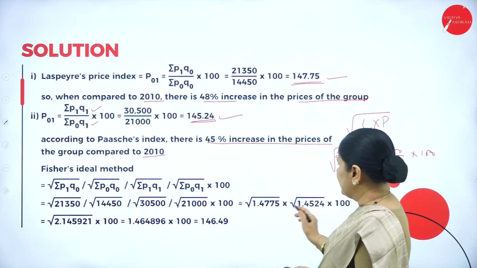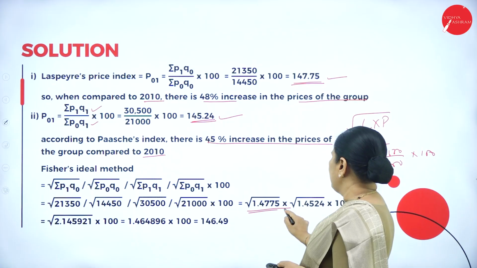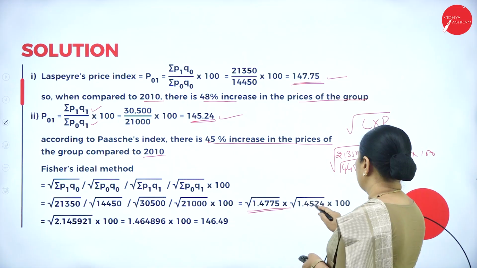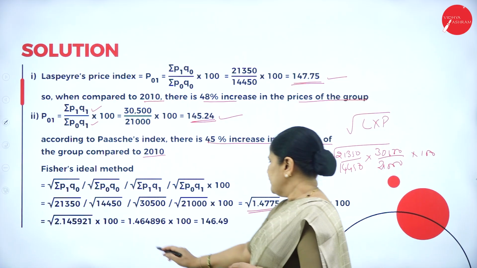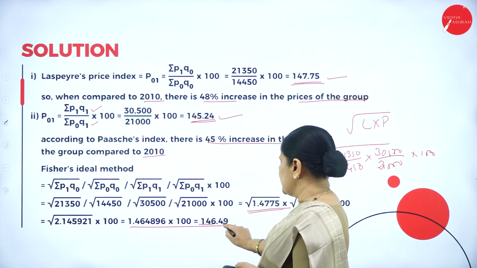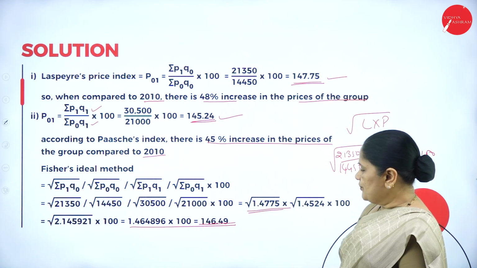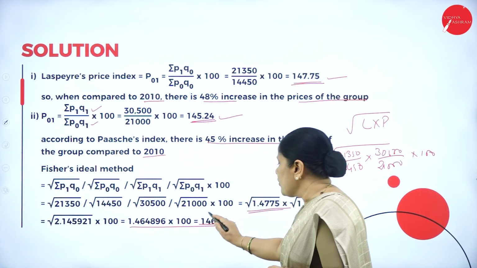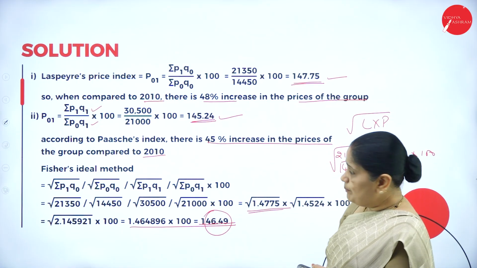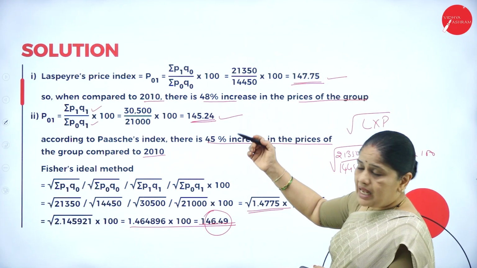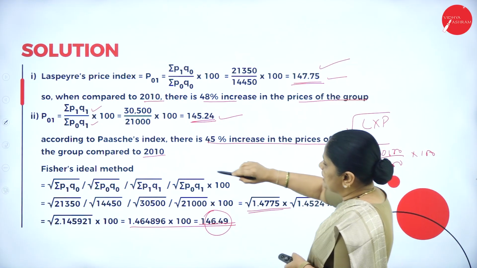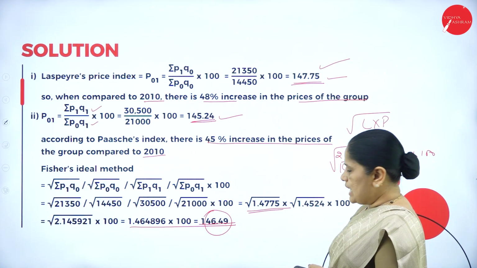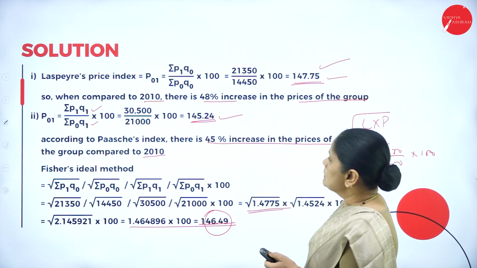When we simplify this, we get the root of 1.4775 into root of 1.4524 into 100, and we get the Fisher's ideal index number as 146.49. So as per Fisher, there is only a 46.49% increase in the prices. Whereas when we compare to last year's price, it is 48%, and here it is 45%, but Fisher says that it is exactly 46%.